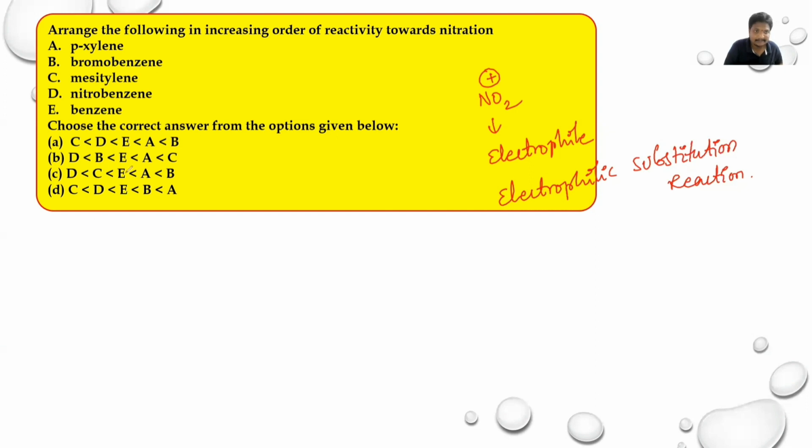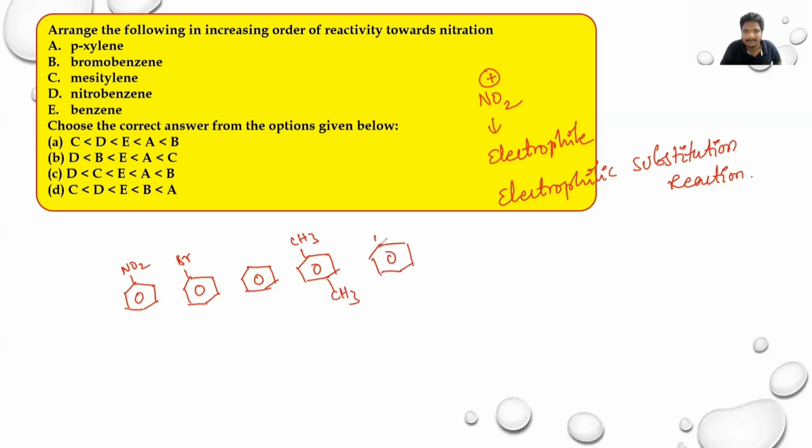If you write these compounds over here, this is my nitrobenzene, bromobenzene, benzene, and paraxylene, and this is my mesitylene.